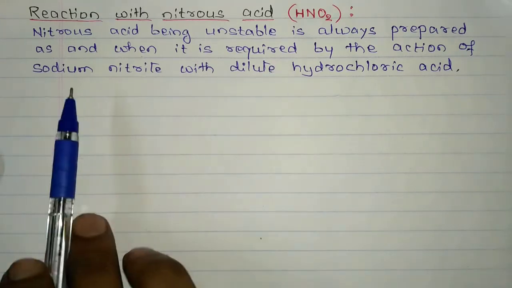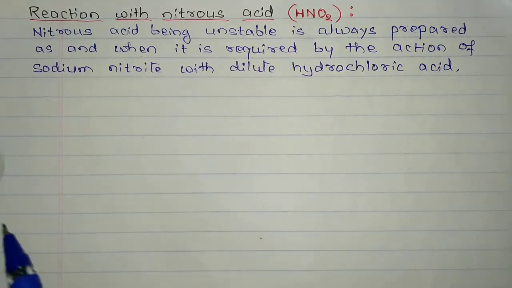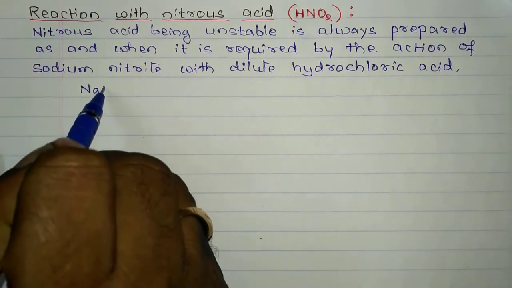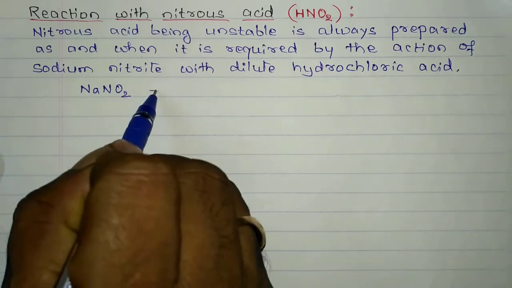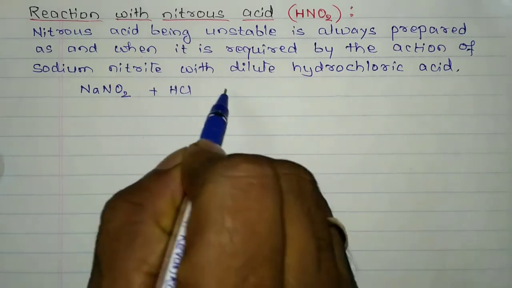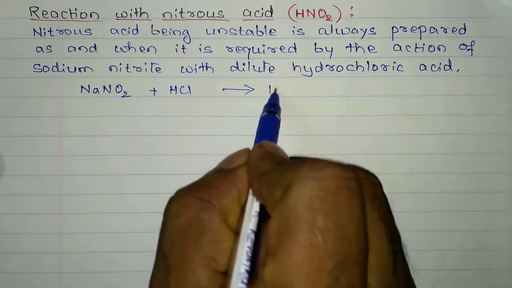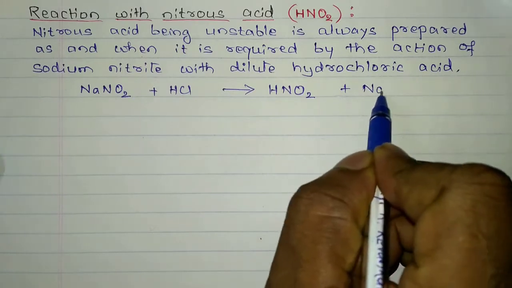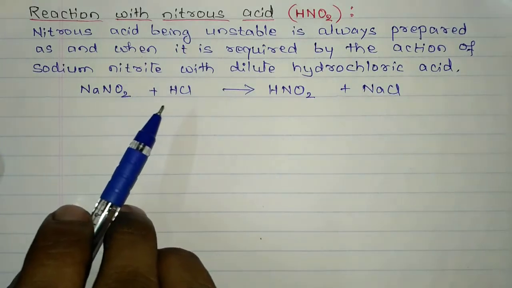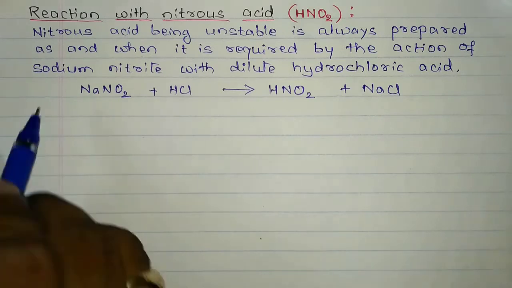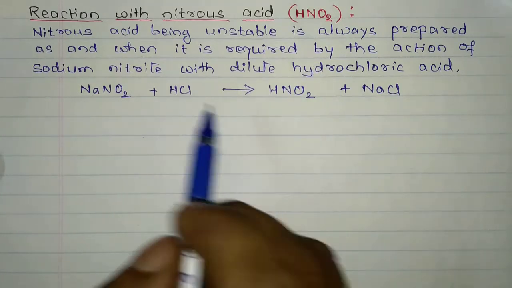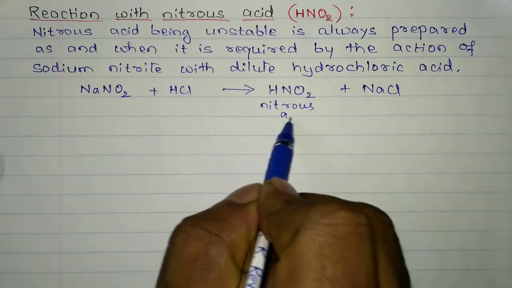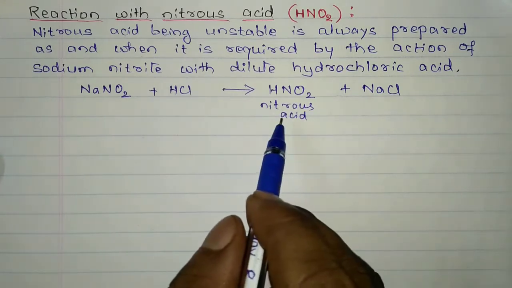How is it prepared? By the action of sodium nitrite with dilute hydrochloric acid: NaNO2, sodium nitrite, plus HCl gives nitrous acid plus NaCl. This is how we can prepare nitrous acid.